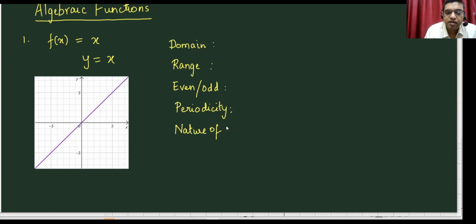In the sense, nature of the mapping, 1-1, onto, into. Whether it is invertible, and if so, what is the inverse?